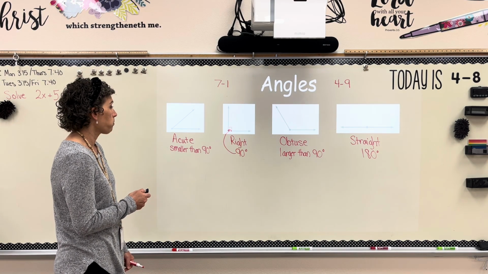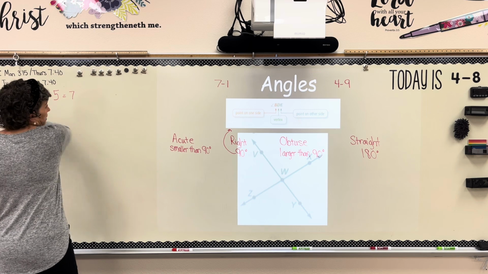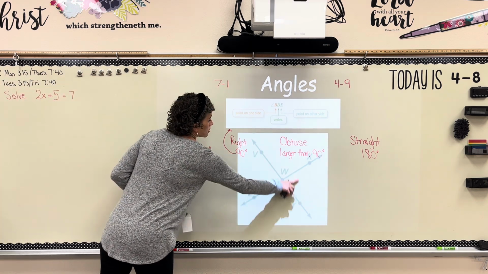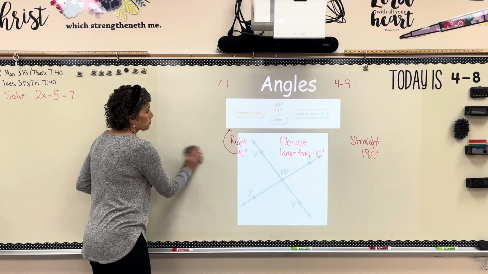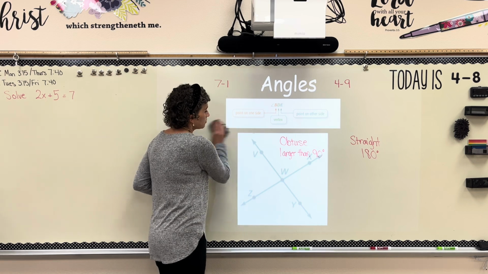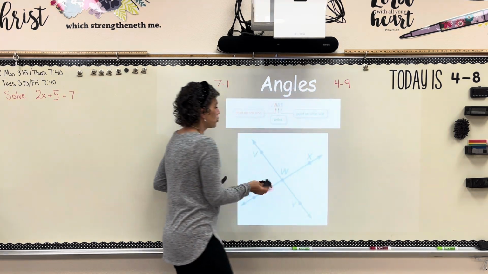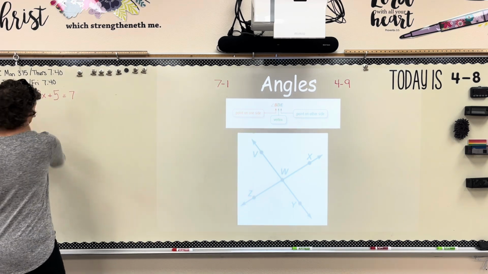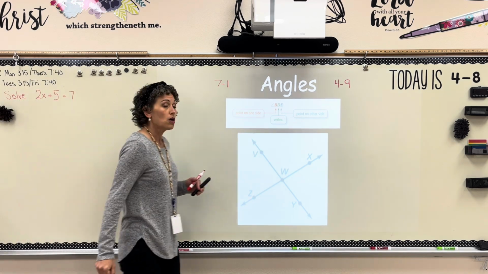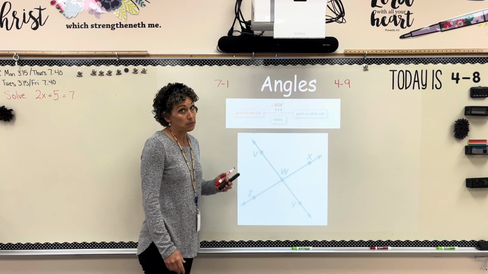Okay. The next piece, I just want you to draw this in your notebooks. Don't worry about this part up here. Okay, so go ahead and draw this figure. We've got 2 intersecting lines with some letters on it. Okay, we are going to learn to name some angles.